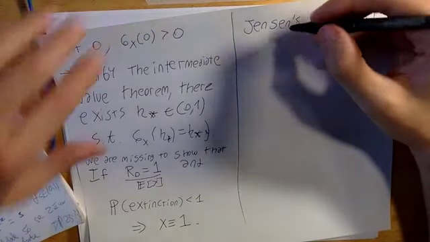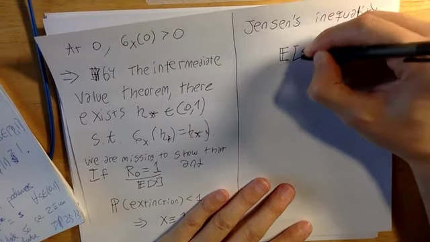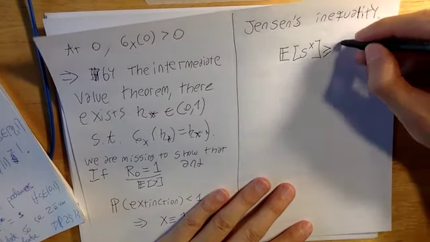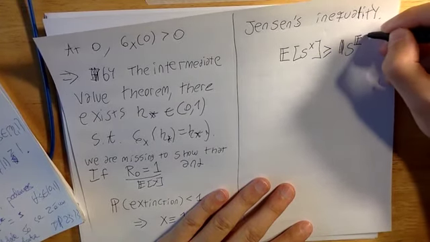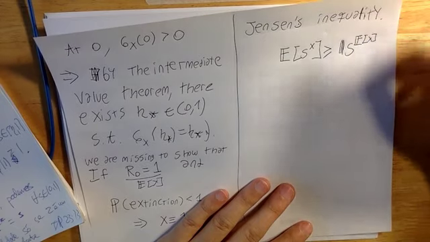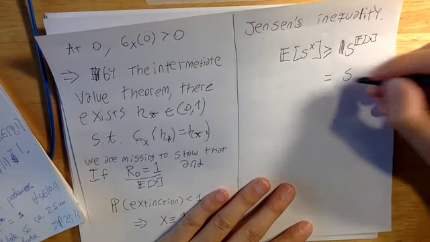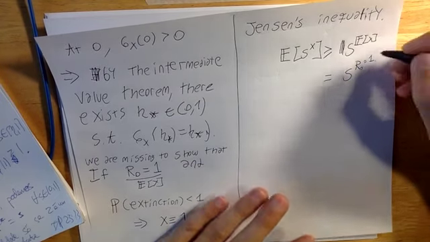Jensen's inequality says that the expectation of s to the x is bigger or equal than s to the expectation of x. But in this case, this is just equal to s to the R0, where R0 we are assuming to be 1.